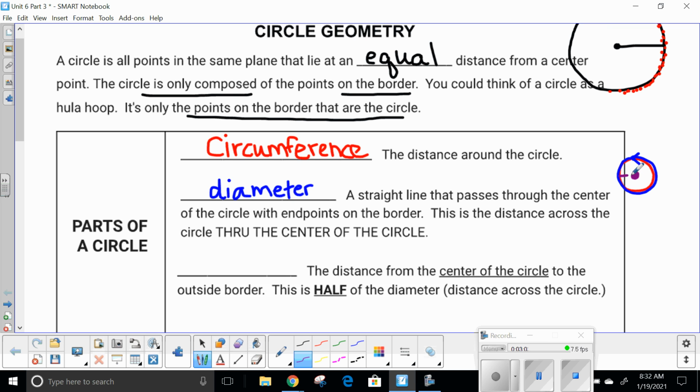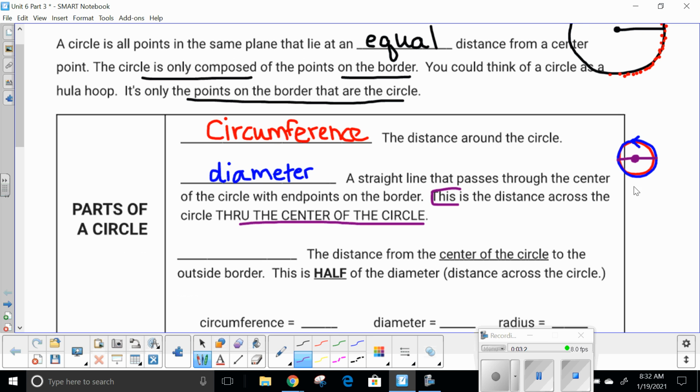It will be the distance across through the center. So from side to side, I'm on one border, I go through the center and I go all the way over to the other border. That's what's called diameter. And this is the distance across the circle through the center.